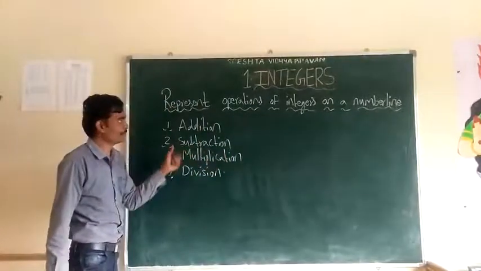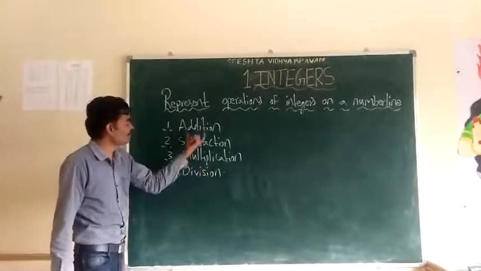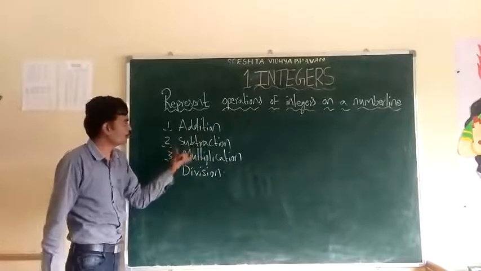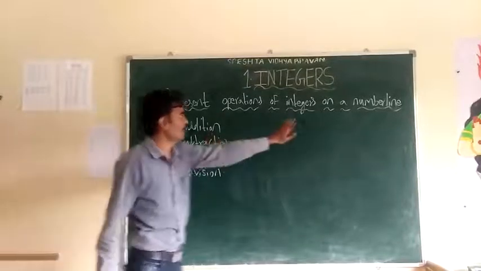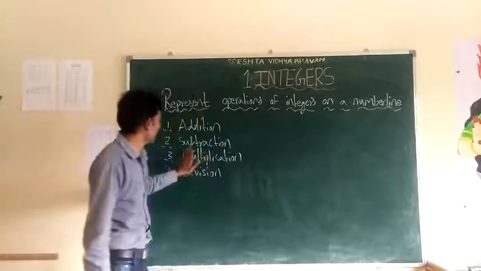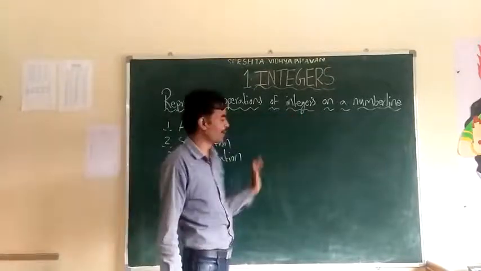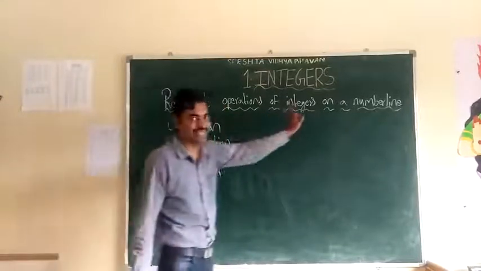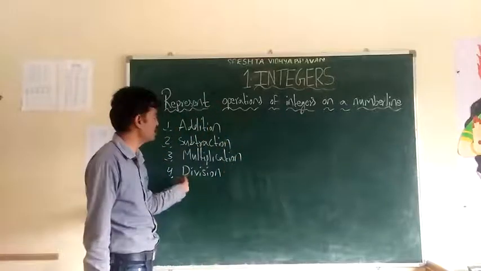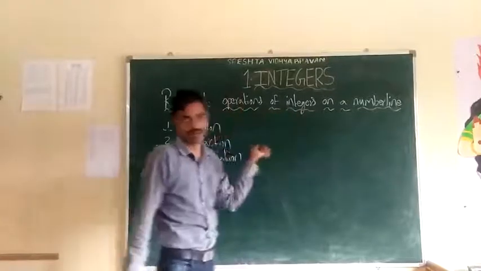The operations are addition, subtraction, multiplication and division. We have to draw the number line for every operation: addition of integers on a number line, subtraction of integers on a number line, multiplication of integers on a number line, and lastly division of integers on a number line.